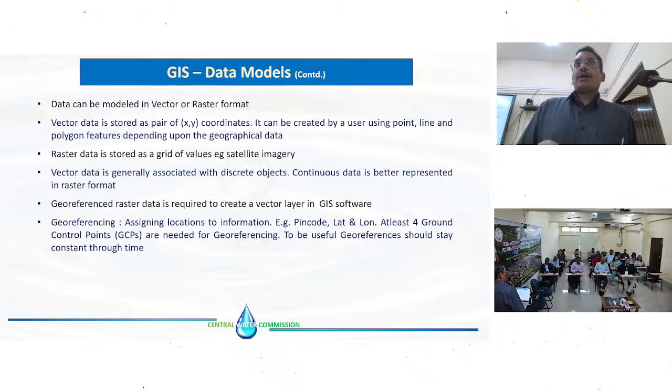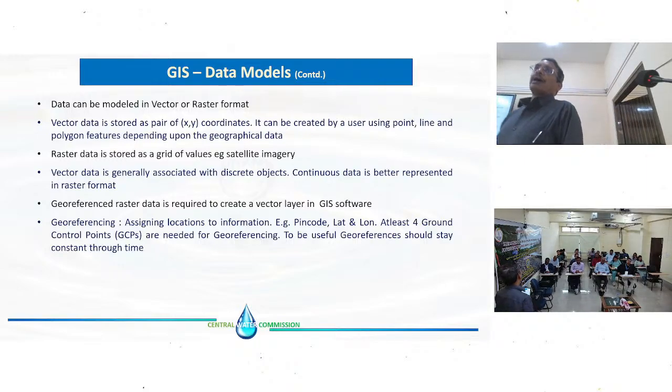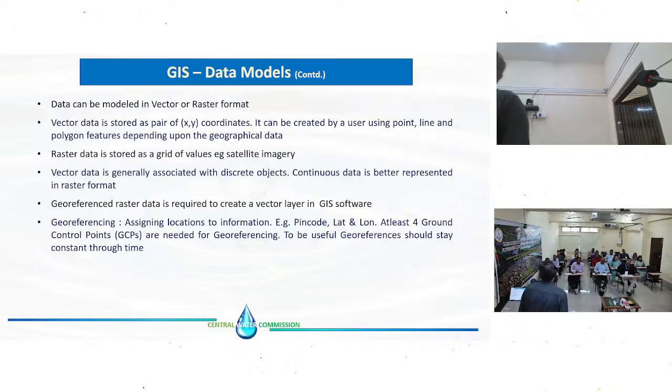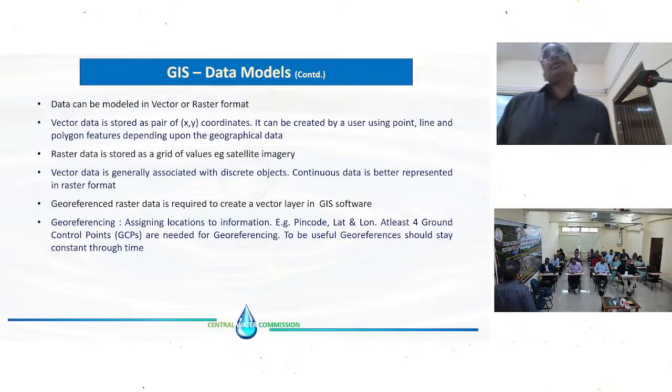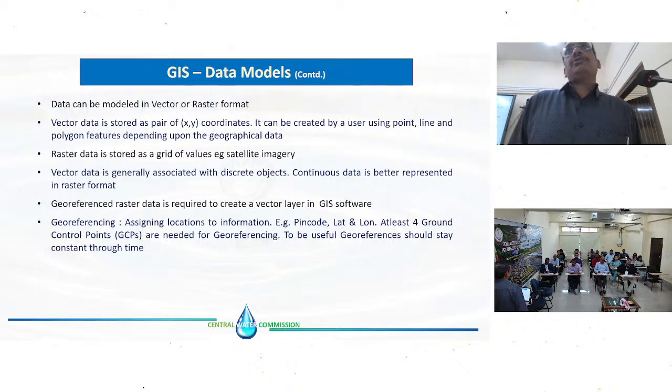So suppose, for example, you have an old paper map of Guwahati, which was made accurately at some point of time using physical surveys, and cartographers were involved. Now you want to make use of it.